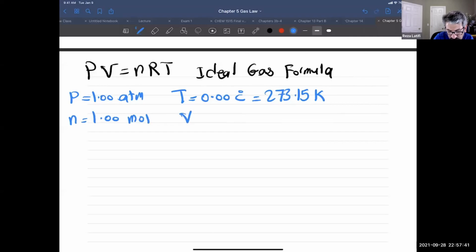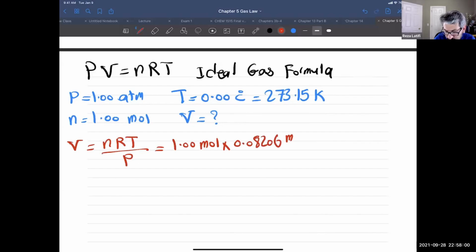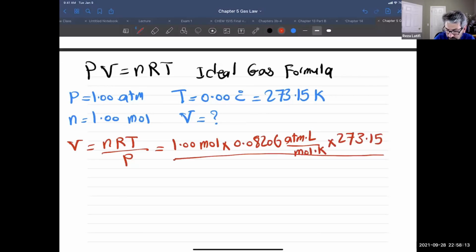Now let's get the volume for this data. Volume will be equal to nRT divided by pressure. n is 1 mole. R, you go with the gas constant. Divided by 1 atmosphere.